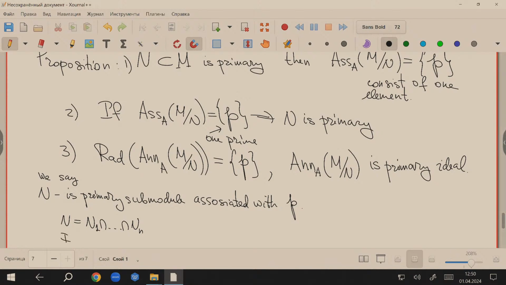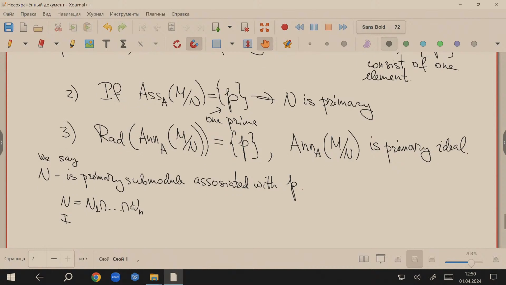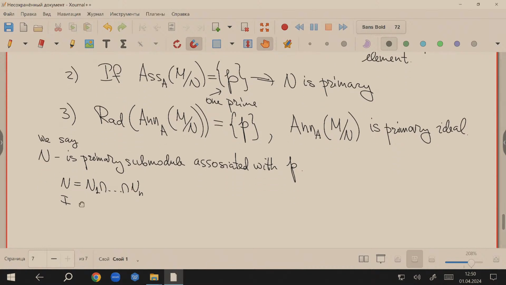When you're speaking about ideals, we are interested in saying that I is an intersection of primary ideals. If you're speaking about modules, we are interested in describing N as the intersection of primary submodules of M.